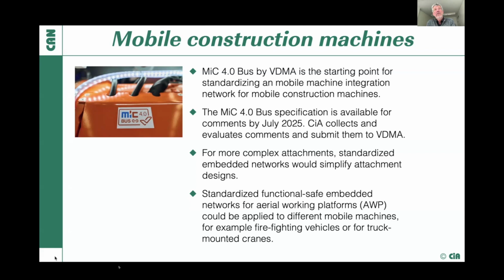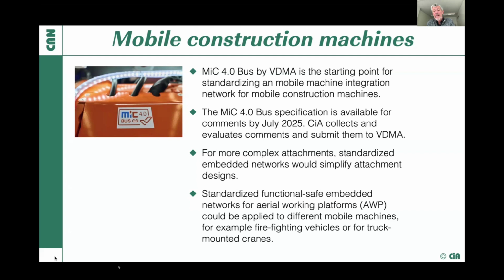There are some issues regarding the physical layer. There are some issues regarding the use of proprietary parameter group numbers and also the functional safety, how this is used and implemented. For more complex attachments, there might also be a need for embedded networks, because they would simplify attachment designs if they are highly complex.